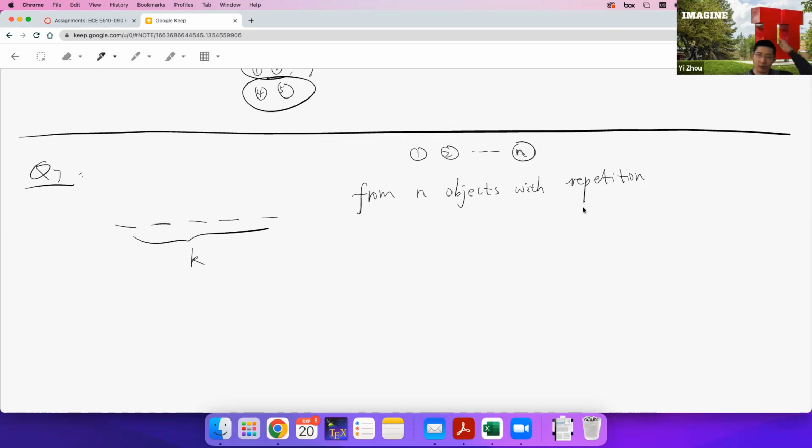With repetition means that if you select ball 1 and place it here, when you go to the second position, you can reuse ball 1. So you are sampling ball 1 with replacement. After you place ball 1, you put it back into the box, so you can have repeated samples on different positions.